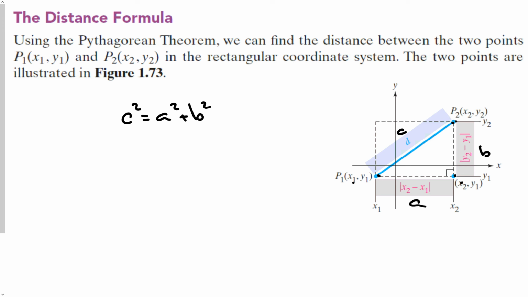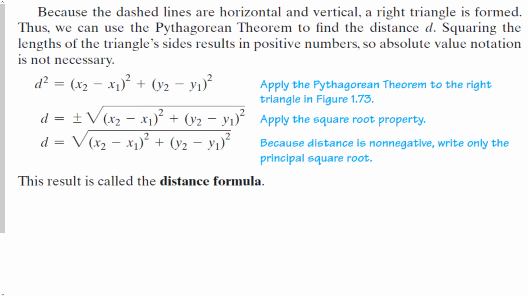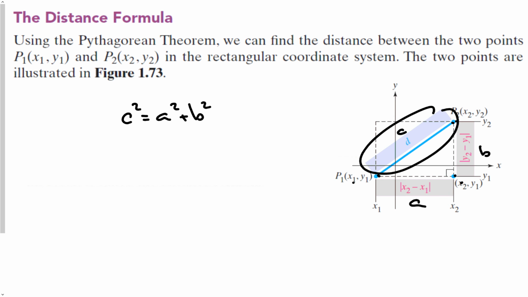Okay, so now looking at the Pythagorean theorem here, I can use these ideas to give myself an equation that I could work with to find the distance, which is that term right there. So I know this is going to be a right angle because I'm going to go left and right and then up and down.